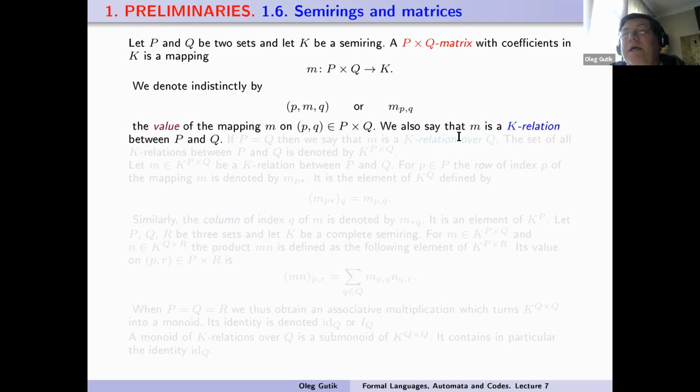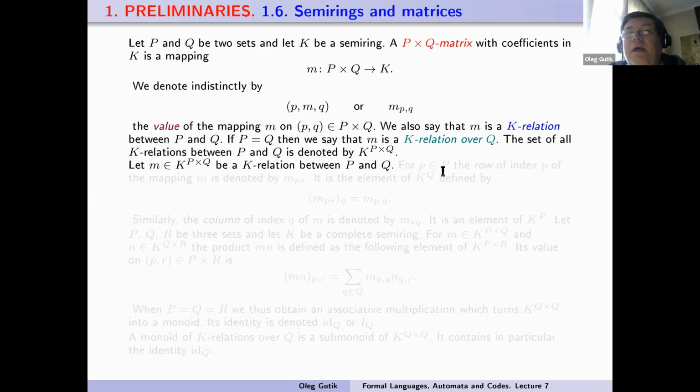We also say that M is a K-relation between P and Q. If P is equal to Q, then we say that M is a K-relation on Q. The set of all K-relations between P and Q is denoted by K to the power P times Q.